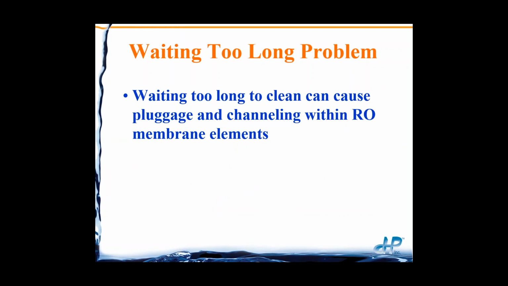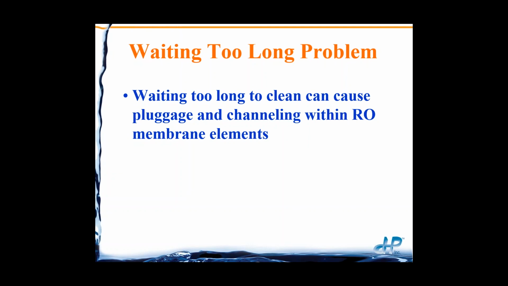If you wait too long to clean, then the elements themselves, one or more elements, can become channeled. They get so plugged that now you have little channels, just like you get in a media filter. If it gets slimed up or stuck together, the media gets stuck together, you start getting channeling.